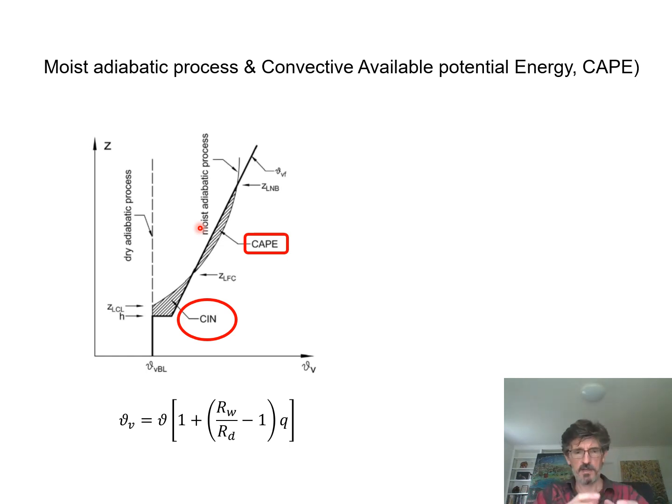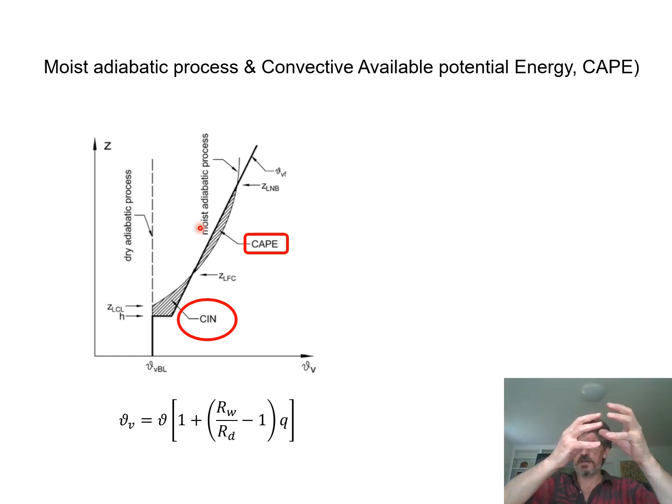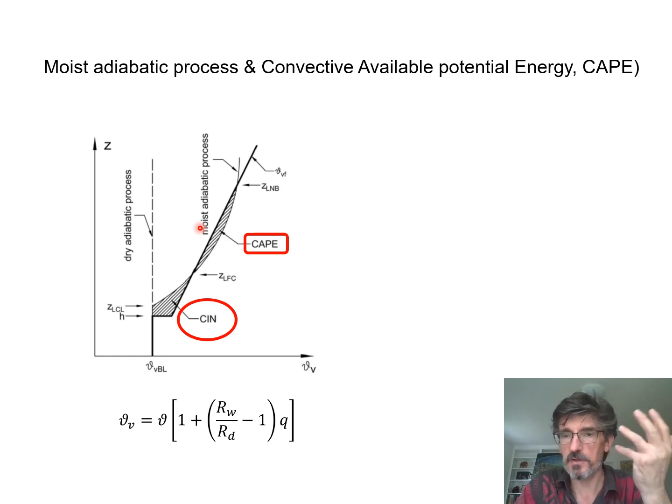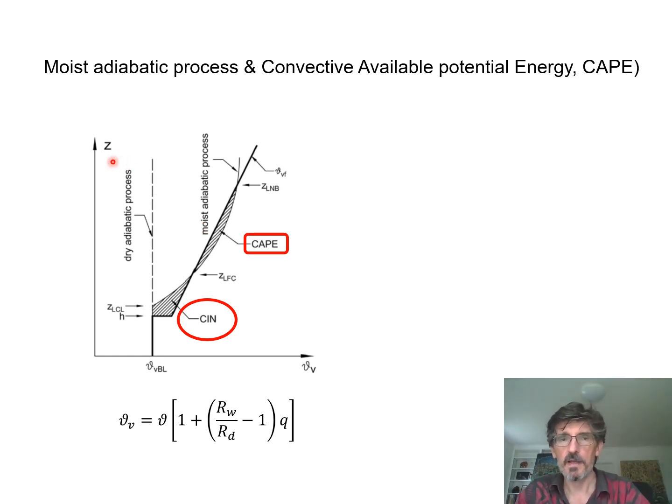So now you have lifted an air parcel, this has condensed, released heat, and the air has become warmer and now tends to go up further by itself, because it's become buoyant. And so the tendency from this point to this point, which is the level of neutral buoyancy, is that any point here tends by itself to go up to higher levels.